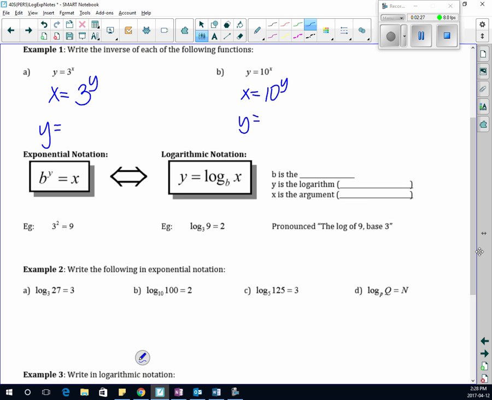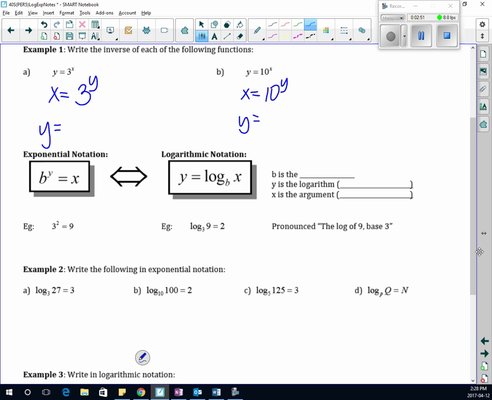These are equivalent forms. If I write an exponent like this, I can rewrite it in logarithmic form. So what happens here? The y that's the exponent becomes what the logarithm is equal to. The base of the exponent becomes the base of the logarithm. And what the exponent is equal to, or the power, is what the argument of the log is.